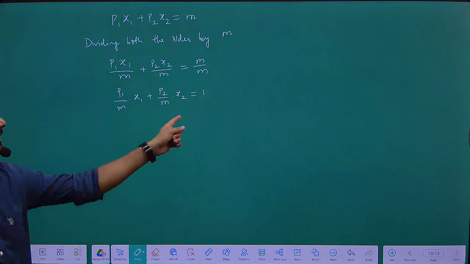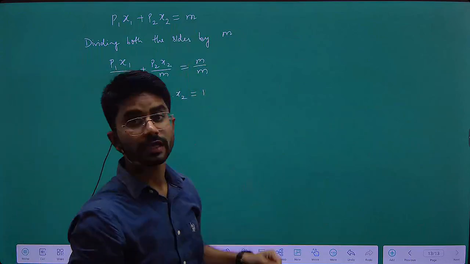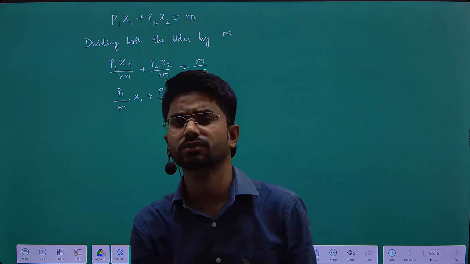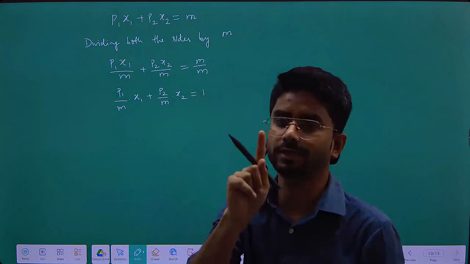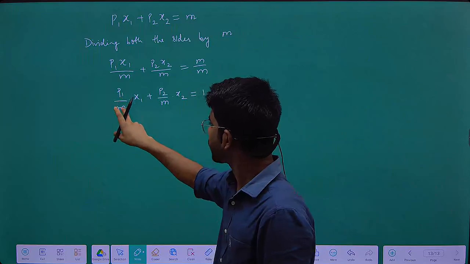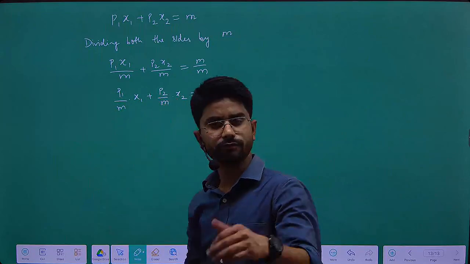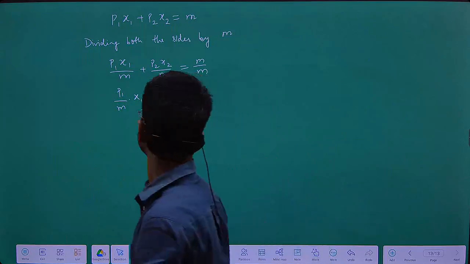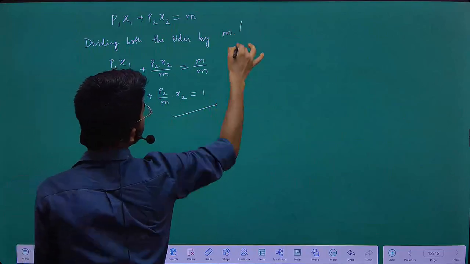So this is when your income is assumed to be of 1 unit. In that case the prices would be p1 upon m and p2 upon m for the first and second good respectively. So this is one scenario.